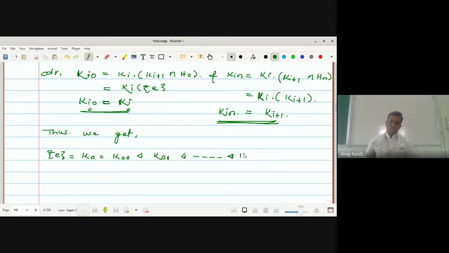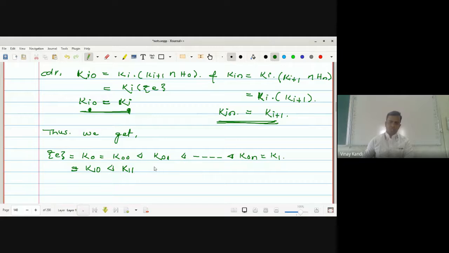K0n is equal to K1, which is equal to K10. What is K10? K10 is equal to K1, which is normal in K11.